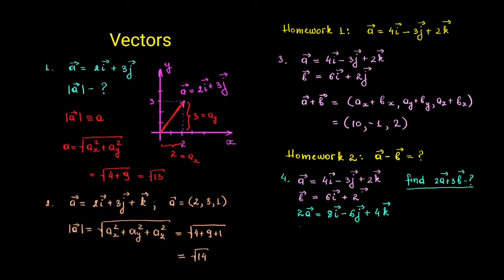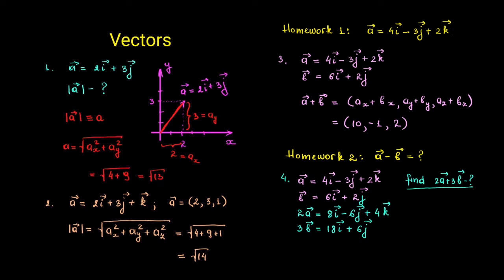Now 3b is equal to 3 multiplied 6, it is 18i plus, so it is j, right? J vector. So 2 multiplied 3, it is 6j.